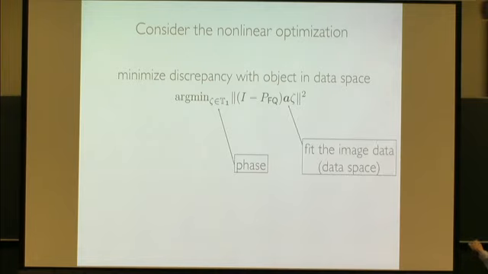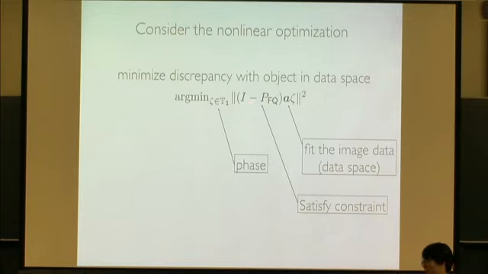What I do first is I multiply zeta by A. That is, I fit the image data, I get something with correct amplitude. Then I multiply in front by I minus P_FQ. I want to satisfy the constraint, that is, the phase should be correct. And now I say, let's do the minimization.